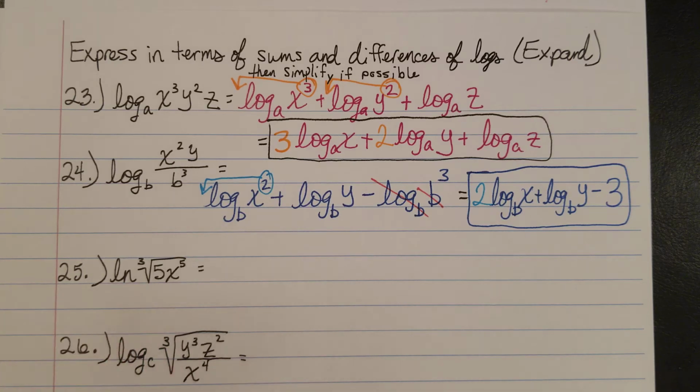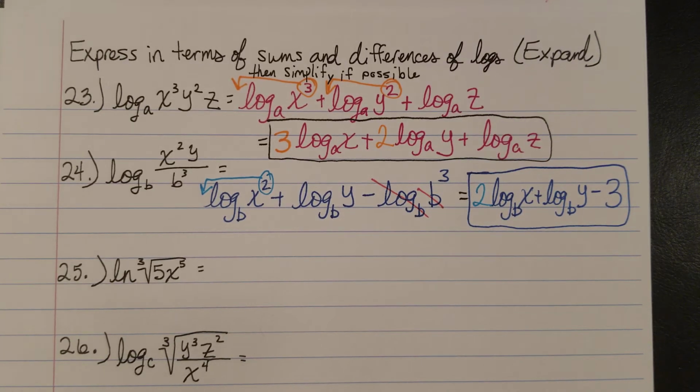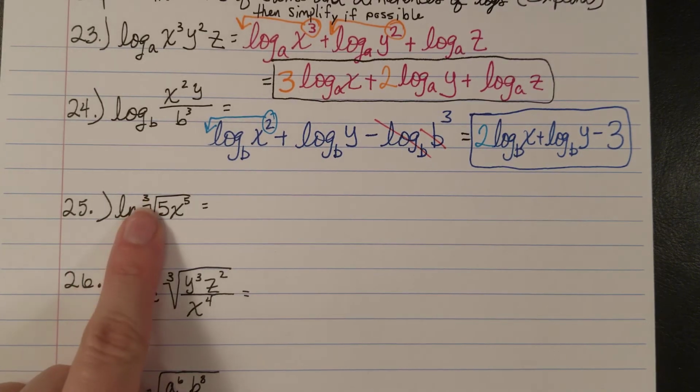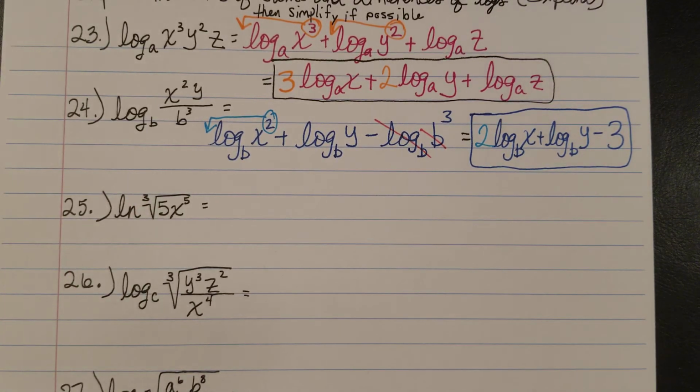So anyway, we're pretty much just going to treat it just like any other log at this point. So in this case, the first thing I need to do is change that cubed root into a 1/3 power.